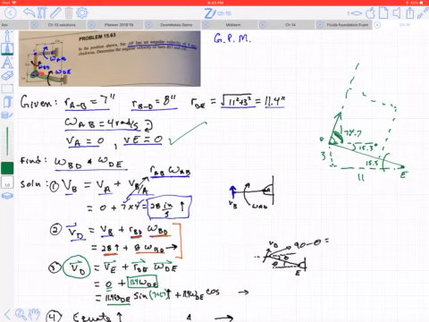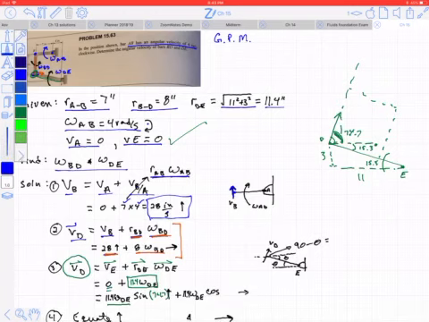And if I want to know how much is horizontal, so the vertical component was the sine of 74.7 times 11.4 times omega.